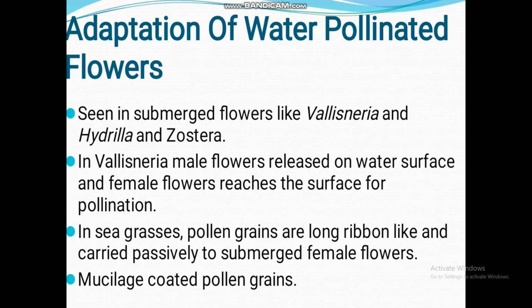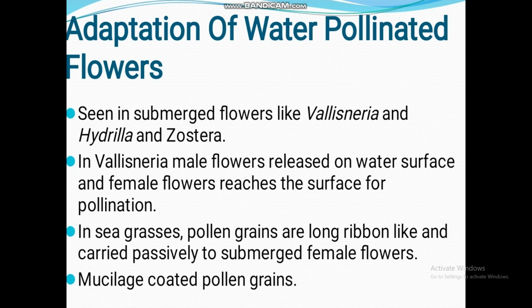Now the second type of flowers are those in which pollination takes place with the help of water. These are seen in submerged plants like Vallisneria, Hydrilla and Zostera. In Vallisneria, the male flower releases its gametes on the water surface, while the female flower reaches the surface to carry out pollination.